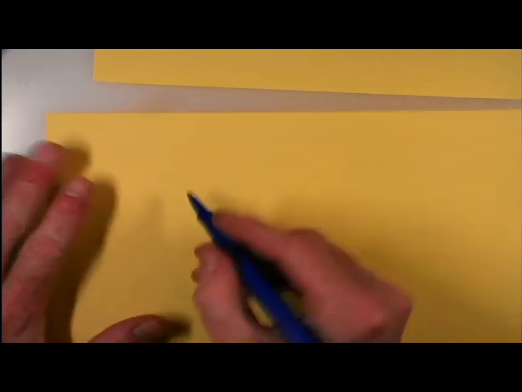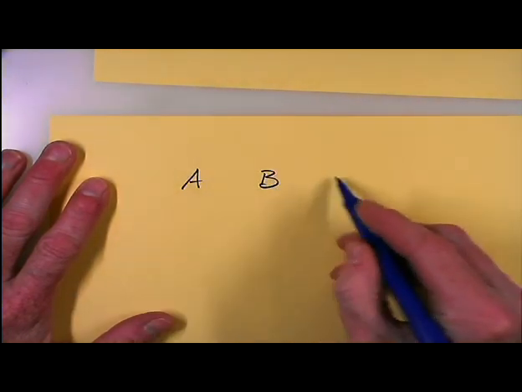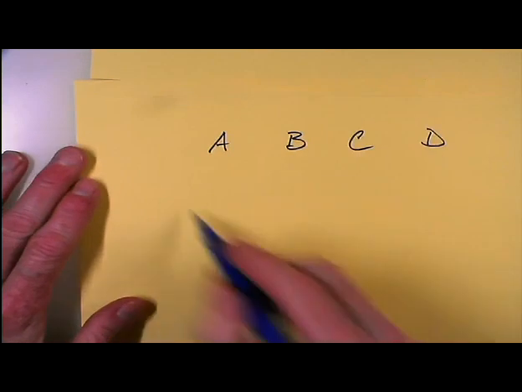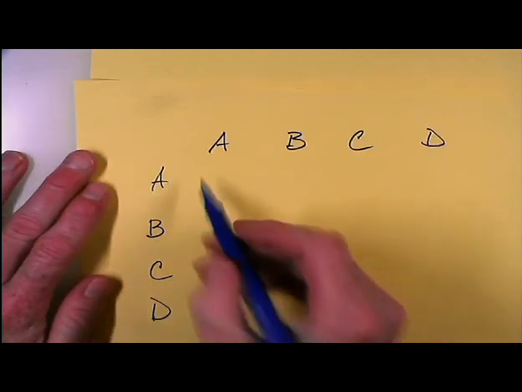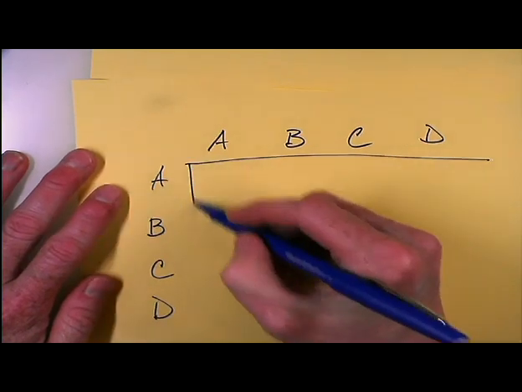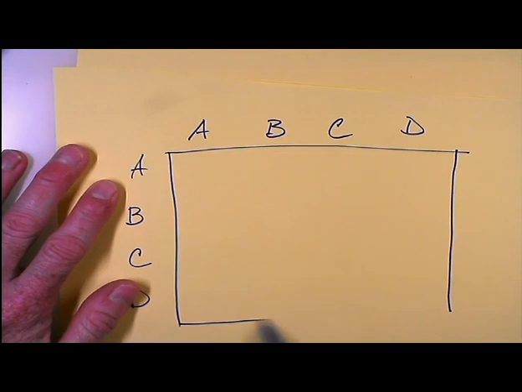So one way that we do it where it's easy to make sure we don't miss anything is we sort of set up a little grid, right? So I had 4 things. So here's my brands, A, B, C, and D. And here's A, B, C, and D. And I'm just going to make a grid, and I only have to do one side of it.